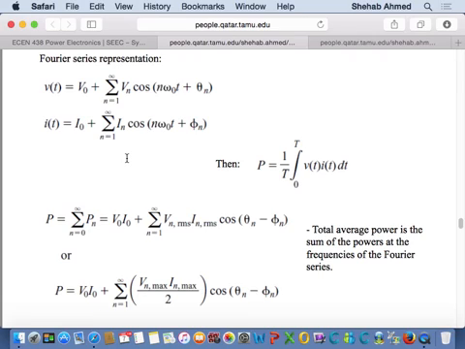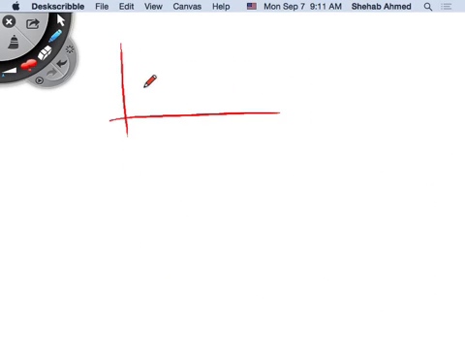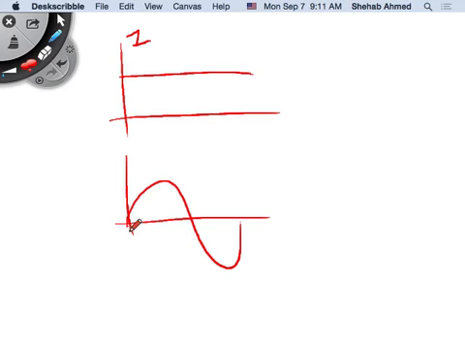If your current is DC and your voltage is 50 hertz, will average power be produced out of these components? If your current is DC, for example, and your voltage is AC, somehow, if we're able to do this somehow, then what is the power delivered by this source? What's the average power delivered by this source?